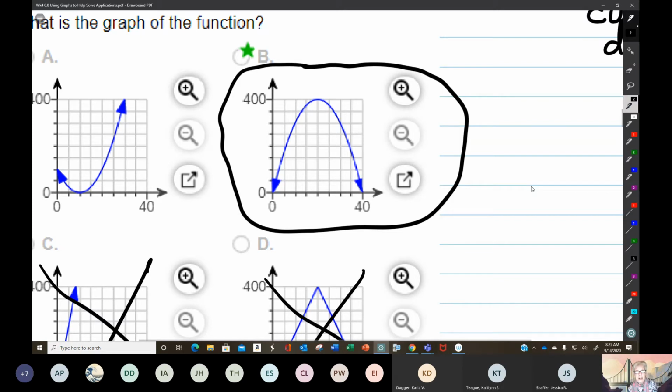Well, it has to be cupped down like that. This vertical axis is A of x. Remember, it's the y-axis, and when you have a function in this form, this part of it is always just y. So the area, here you have 400. That's going to be the maximum area.